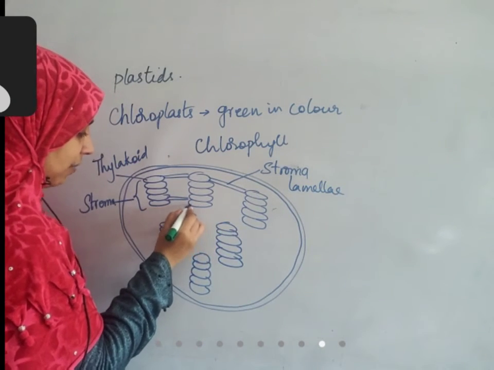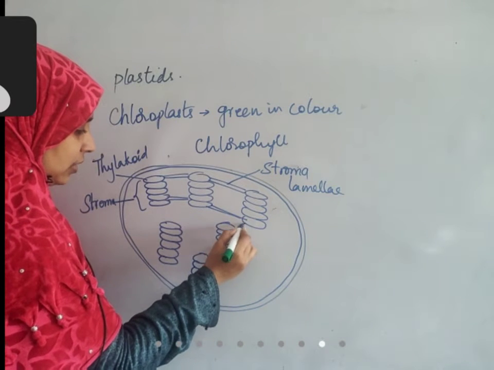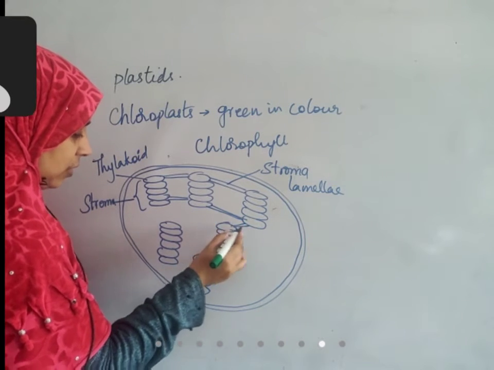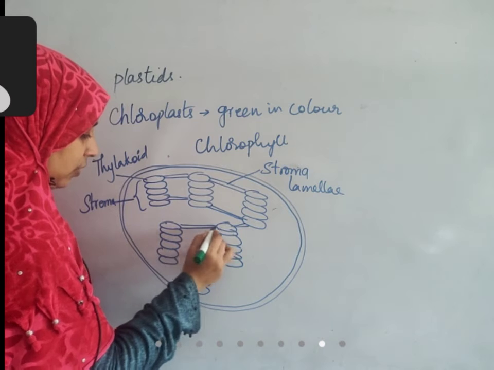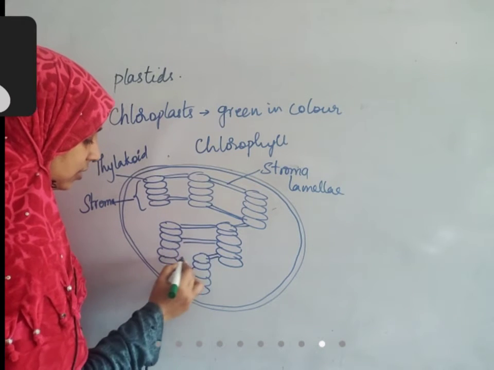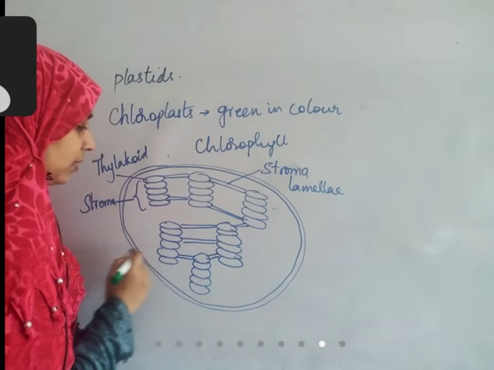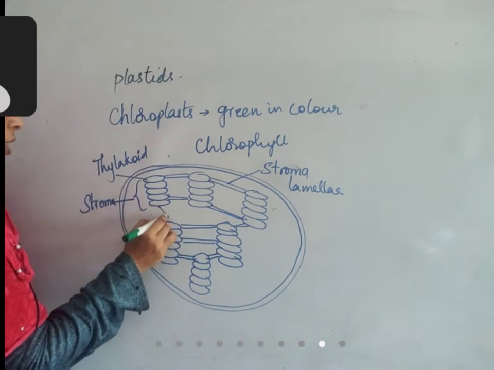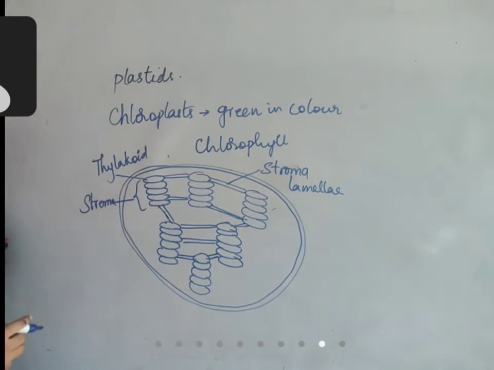So stroma lamellae connect like this, one stack to another, by small membrane-like structures.